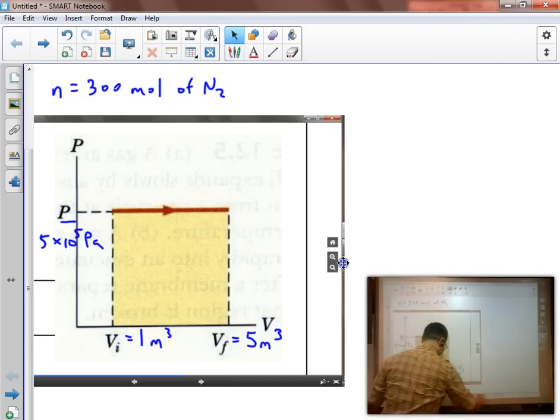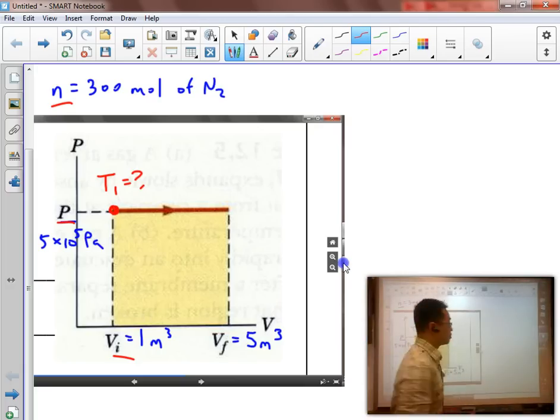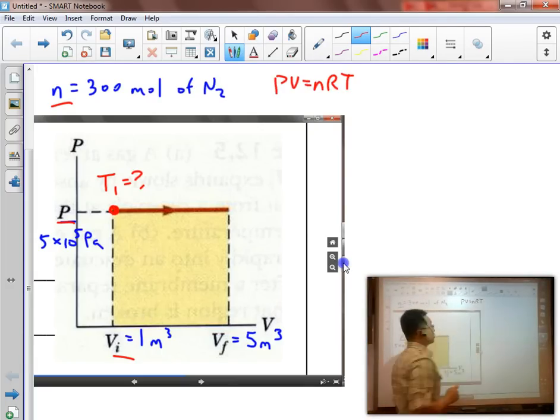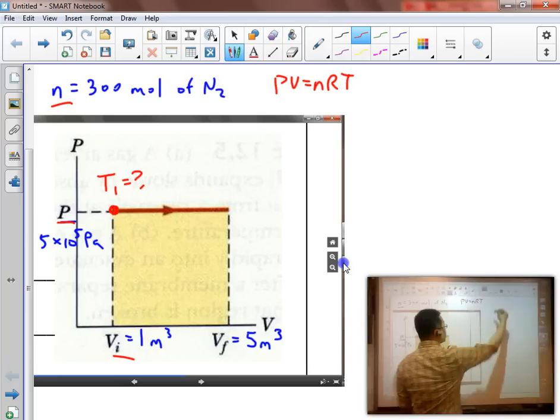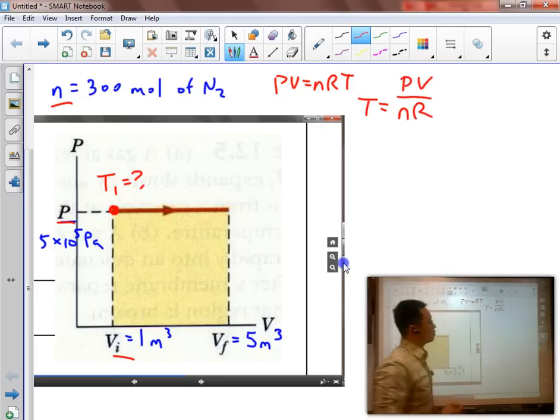Well, if I want to solve for the initial temperature at that location, knowing the initial volume, knowing the pressure, knowing the number of moles, it's very straightforward to end up using PV equals nRT. Because with our given information, temperature simply equals the pressure times the volume divided by the number of moles times the universal gas constant.